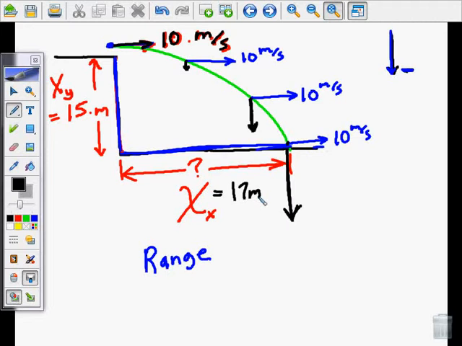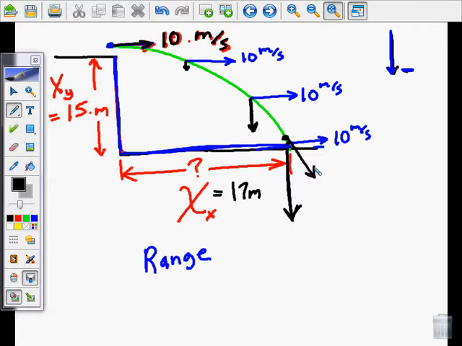Now, a follow-up question is, how fast is that rock or ball or whatever it is, how fast is it going right before it hits the ground? And that's referred to as the final velocity. So that final velocity, right before it's going to hit the ground, while it's still a projectile. Well, it's actually going to be going like this, in that direction.